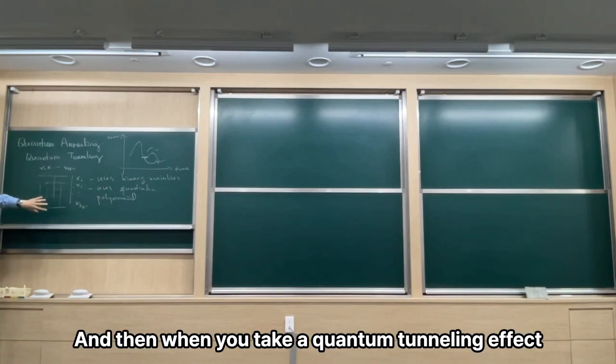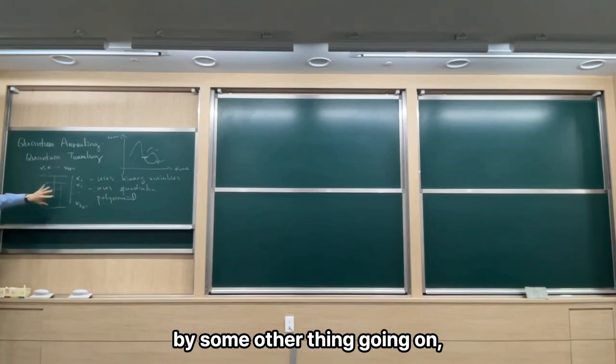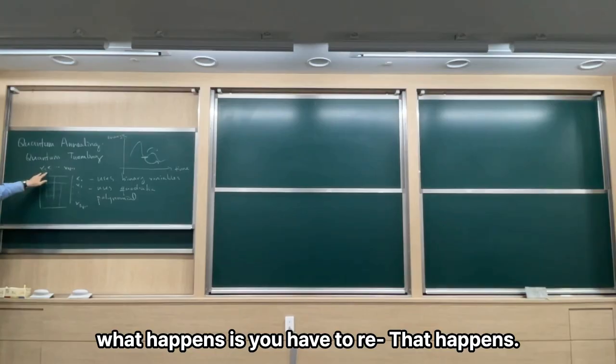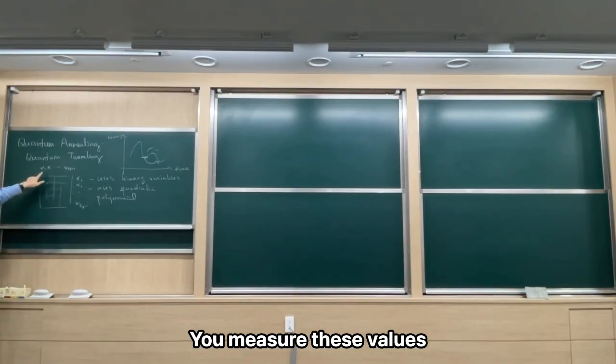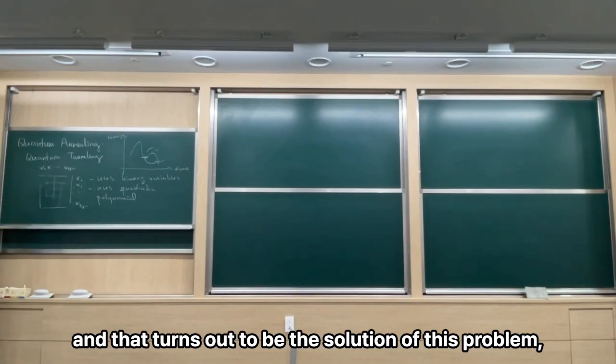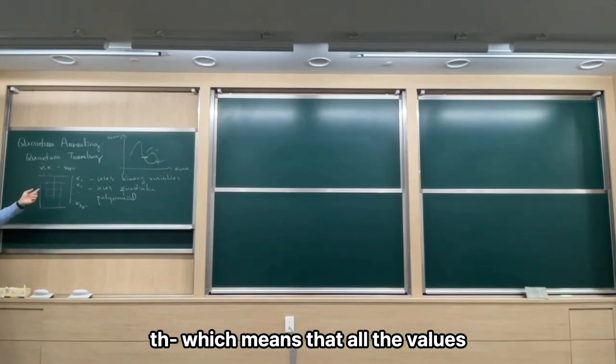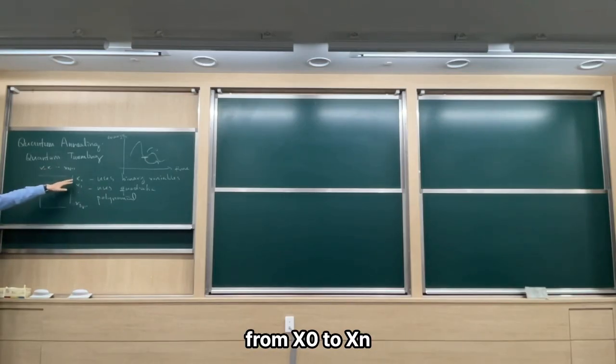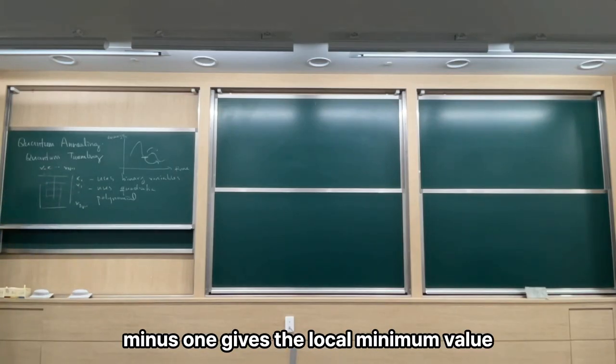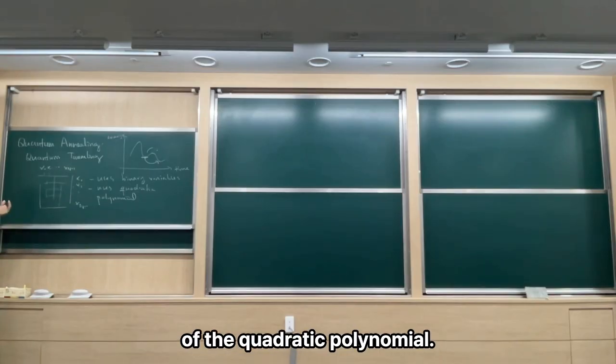Then a quantum tunneling effect takes place, and after that you measure these values, and that turns out to be the solution of this problem, which means that all the values from x0 to xn minus 1 give the local minimum value of the quadratic polynomial.